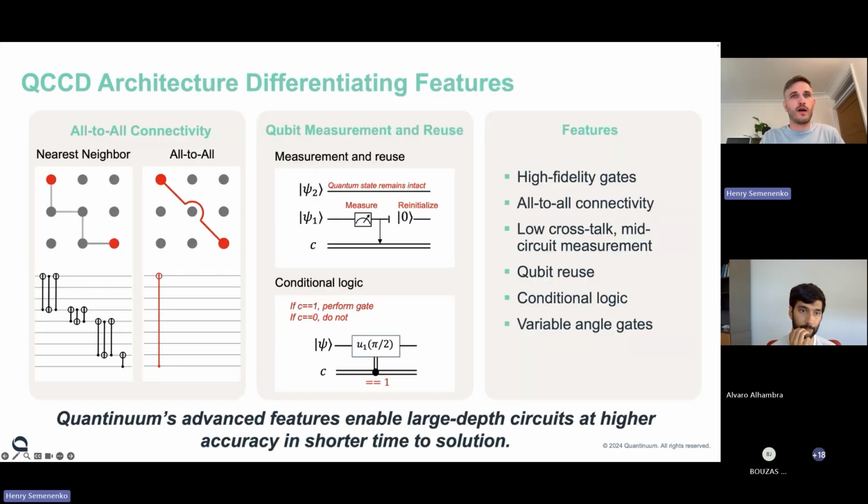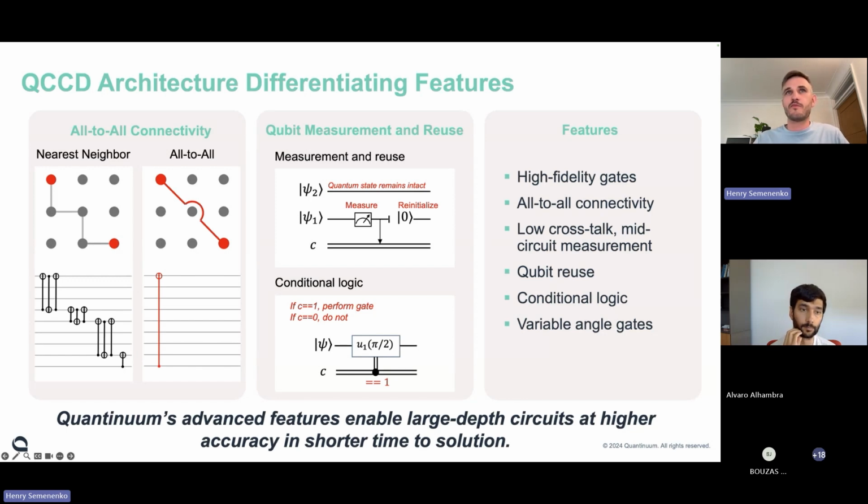And so the real key differentiating features for the QCCD architecture compared to others is the all-to-all connectivity that we have, the rearrangement of our ions. So instead of requiring lots of logical swaps when you have a nearest neighbor connection only, which would have far many more operations that you need to perform, we can instead just rearrange our ions and perform directly the operation with the qubits as necessary.